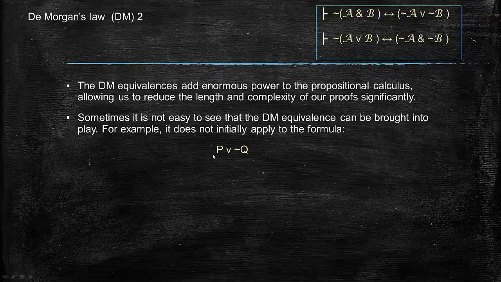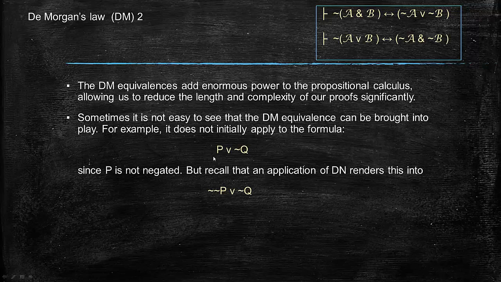But the thing is that, as you know, using double negation, you could double negate that formula if you wanted to. So you could just render P or not Q into it's not the case that not P or not Q by one application of double negation. And then you can see you do have an instance of this formula. So you have not Q being not B, and not A being not P, right?